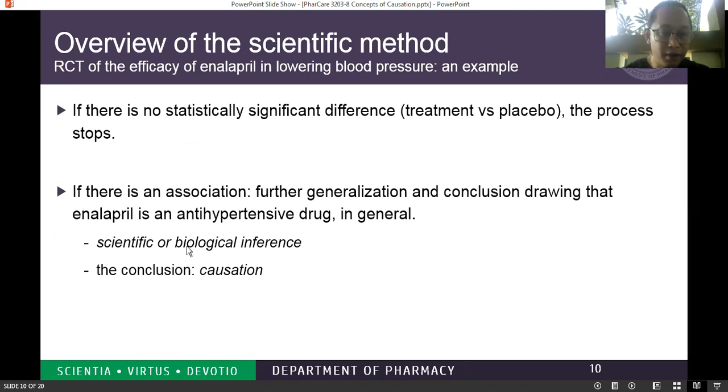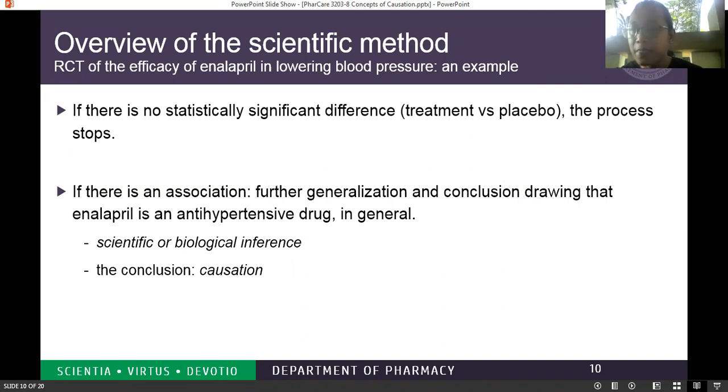And then if there is an association, we can say association, but we can also say a significant difference here. We can say the significant difference as an association as well, because it depends on the statistical methods that we use. Then we need further generalization and conclusion drawing that enalapril is an anti-hypertensive drug in general.